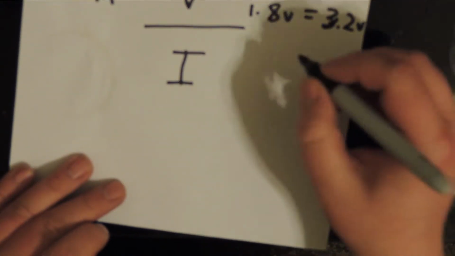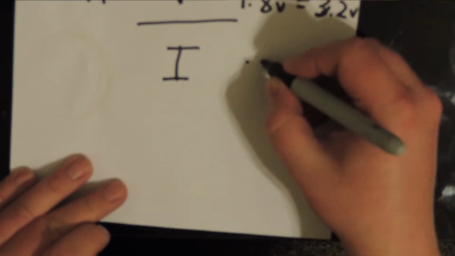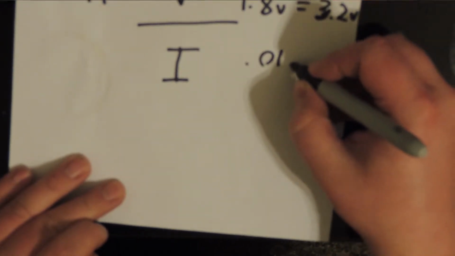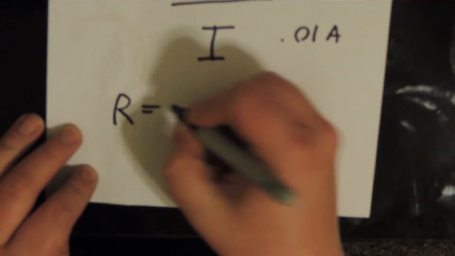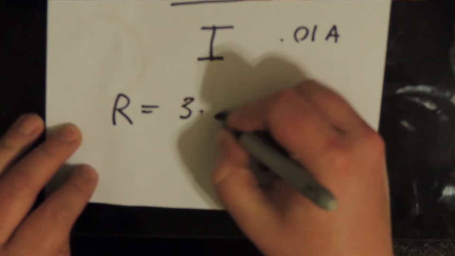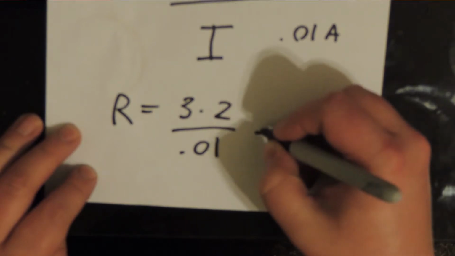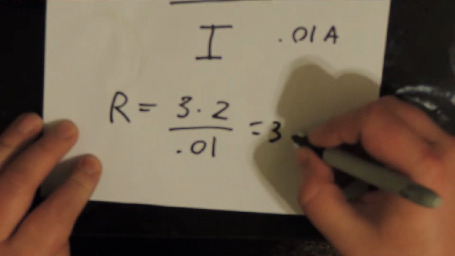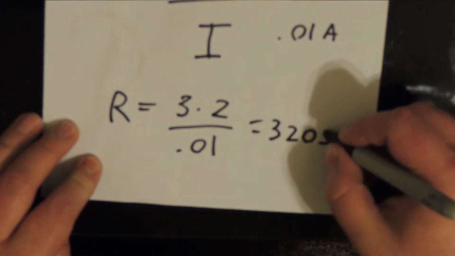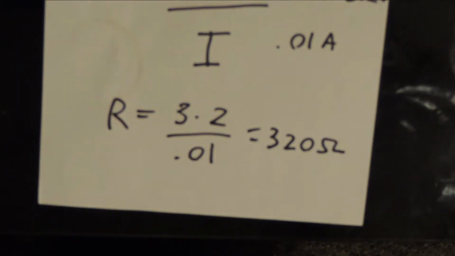Now this is in amps, so it's actually going to be 0.01 amps or 10 milliamps. So that gives us R equals 3.2 over 0.01 equals 320 ohms. Very simple.